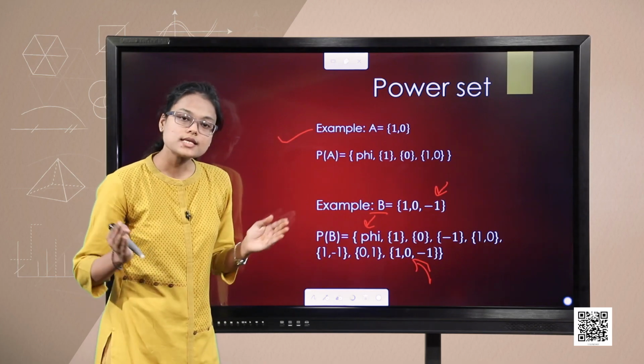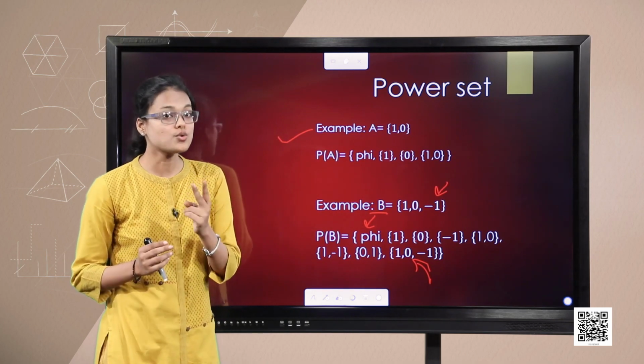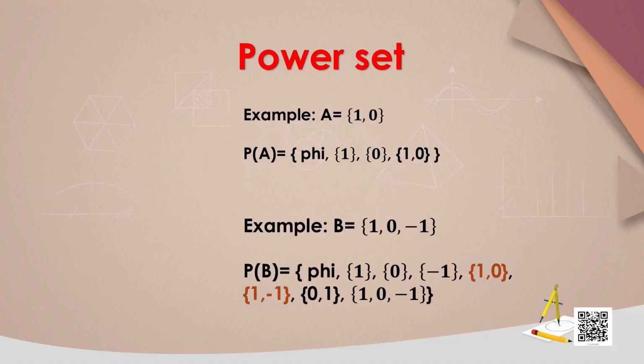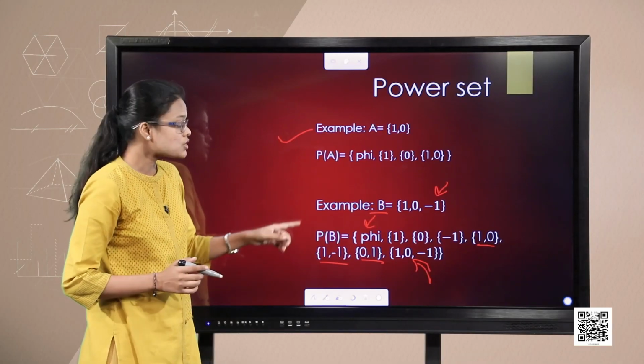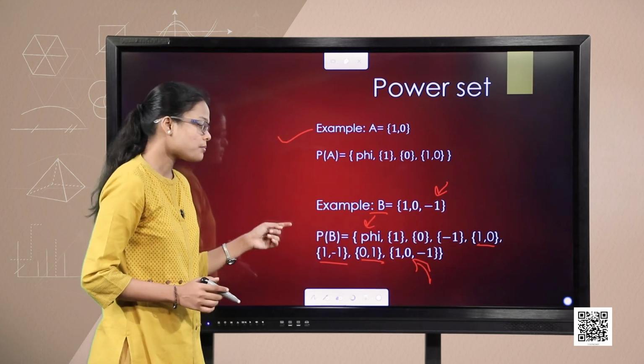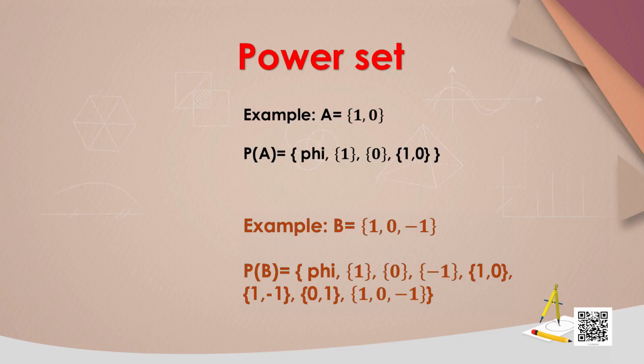Now, all the sets which are having two elements, that are {1, 0}, {1, -1} and {0, -1}.